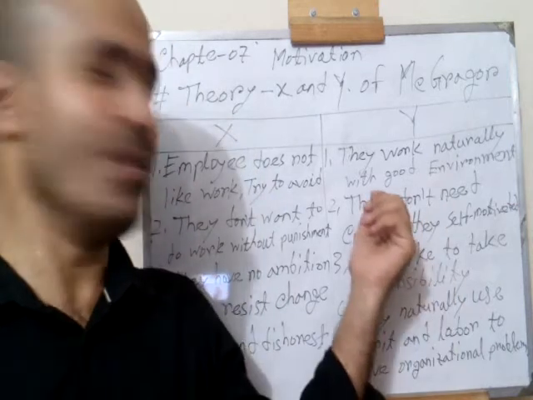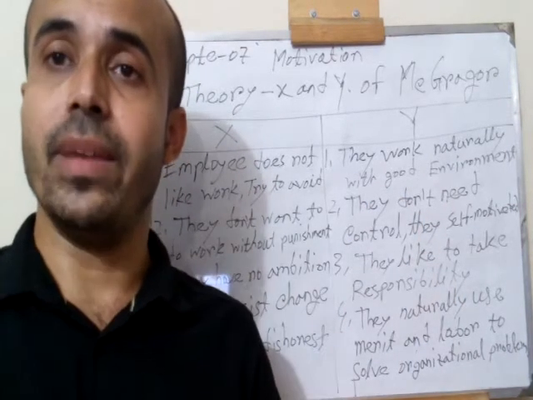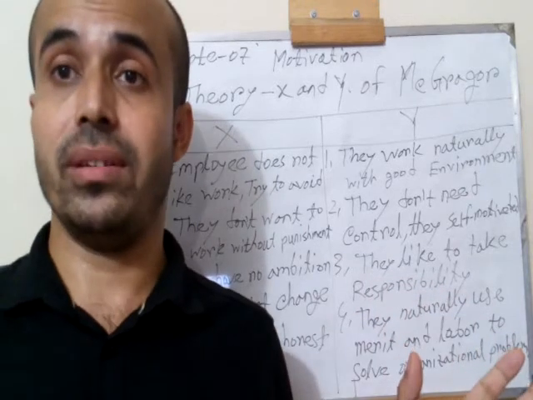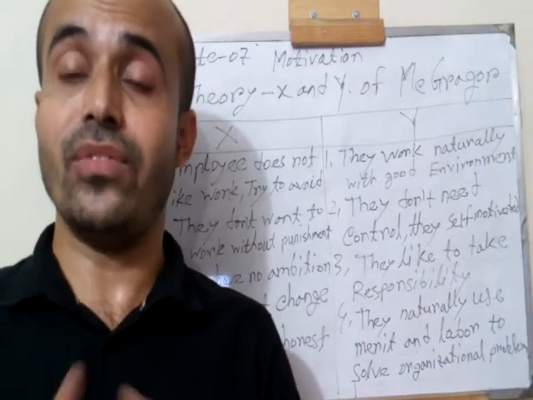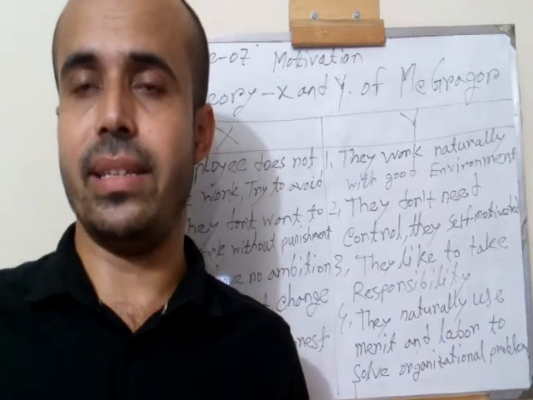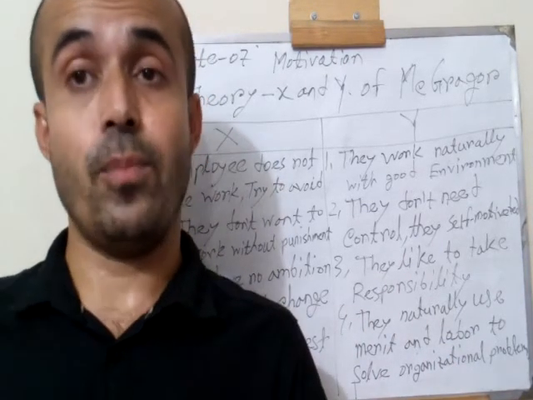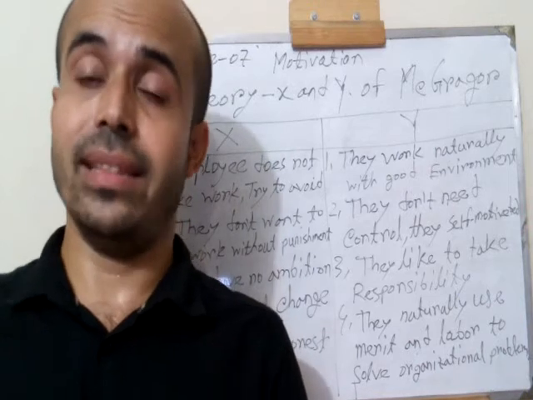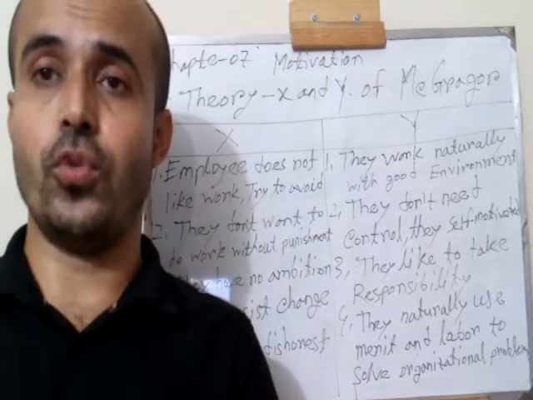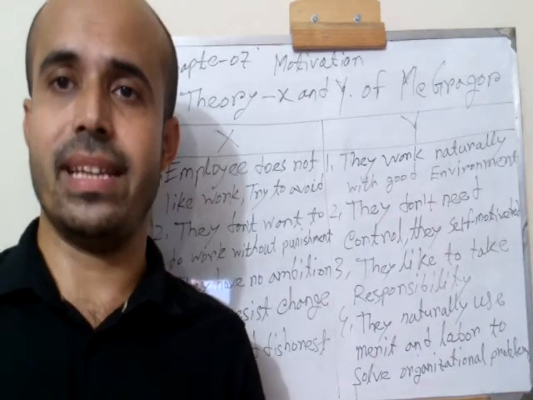Number two, they are self-motivated. In number two, it was said that some of the employees don't need any supervision. If the manager says that you do the work until the end, the worker or the employee will do it as directed.